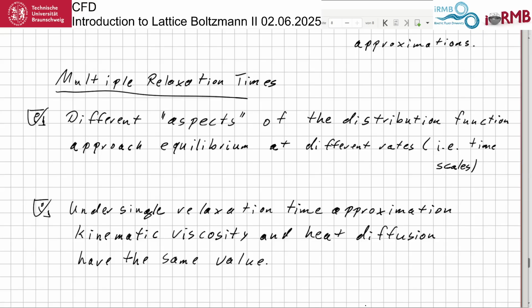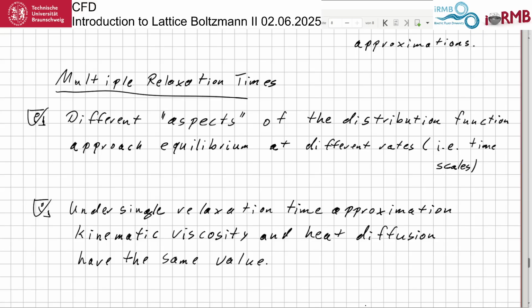So there are different diffusive processes in physics. Yeah? So viscosity is a diffusion of momentum, and heat conduction is basically the diffusion of kinetic energy, or microscopic kinetic energy. And in physics, we observe that these two things are not the same.